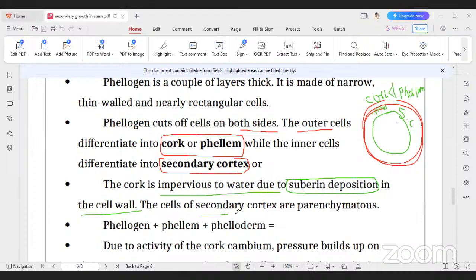The cells of the secondary cortex are parenchymatous and living, while the outside is non-living.